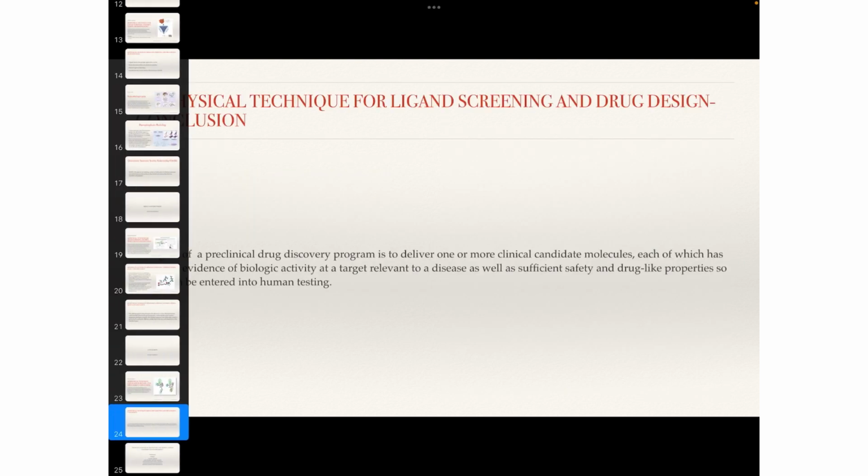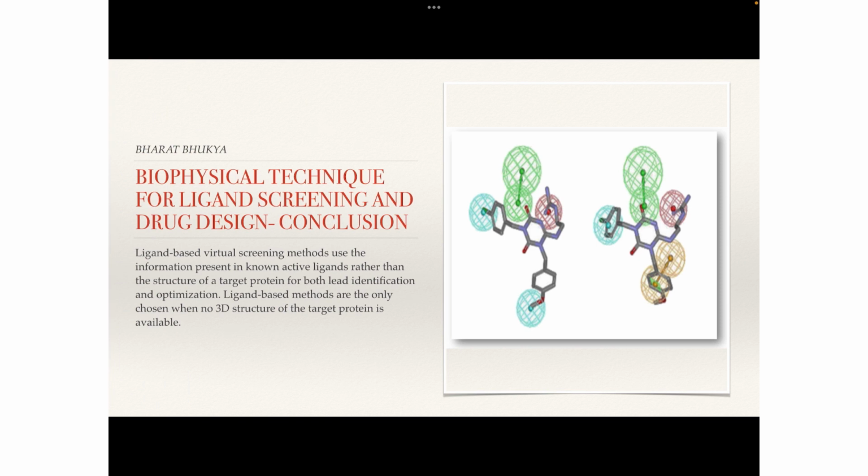So I'll go with the conclusion of biophysical techniques for ligand screening and drug design. Ligand-based virtual screening methods use the information present in known active ligands rather than the structure of a target protein for both lead identification and optimization. Ligand-based methods are only chosen when no 3D structure of the target protein is available.